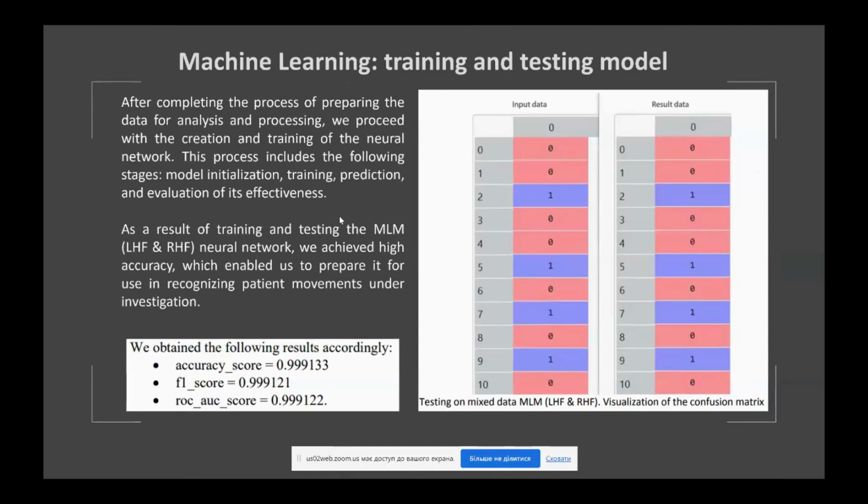As a result of training and testing the MLM, LHF and RHF neural network, we achieved high accuracy, which enables us to prepare it for use in recognizing the patient movement under investigation.